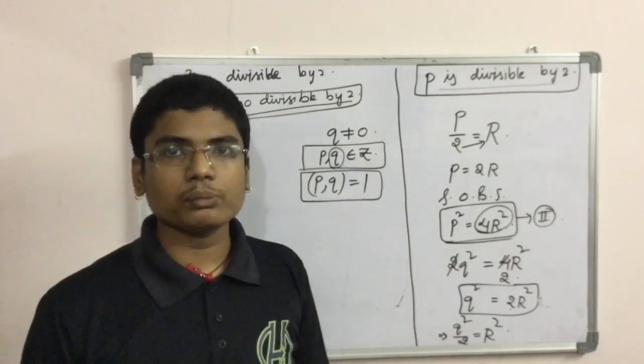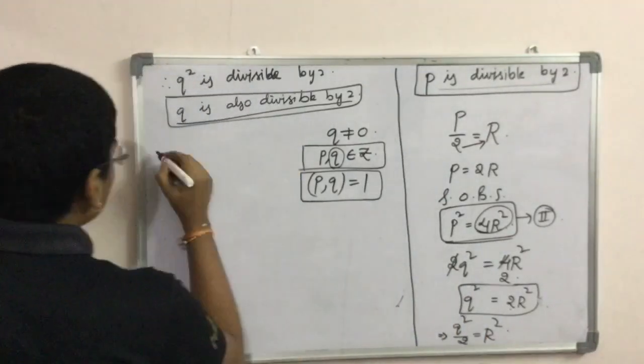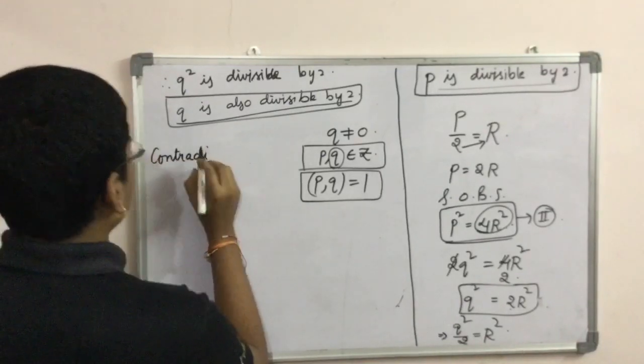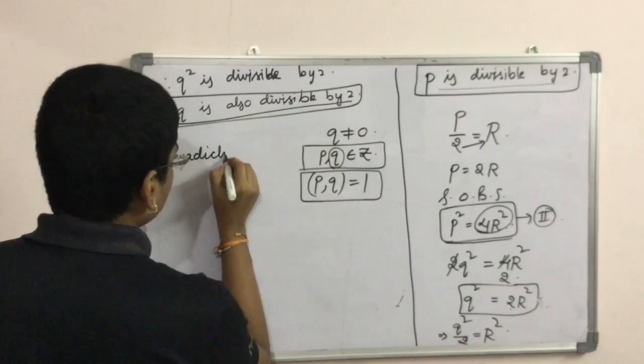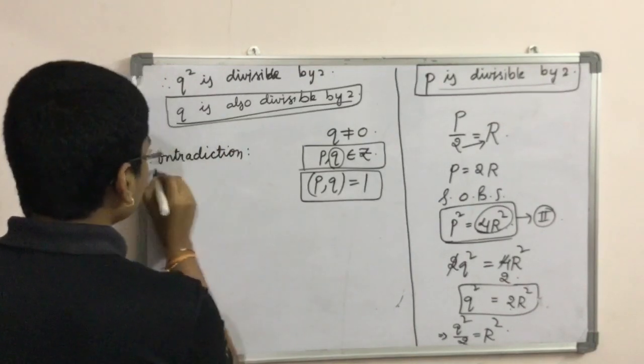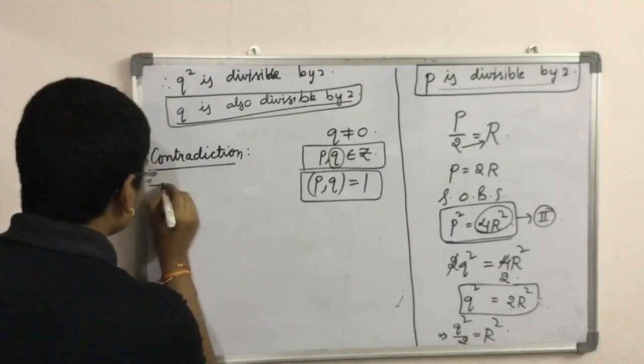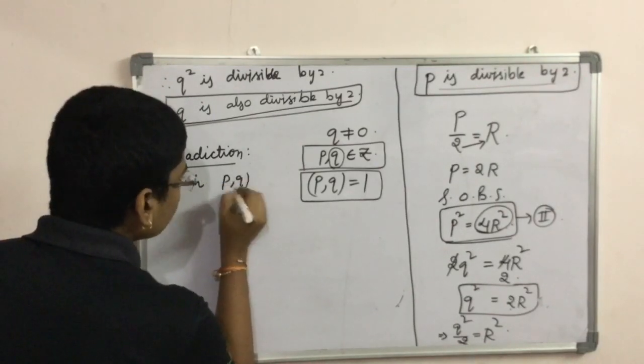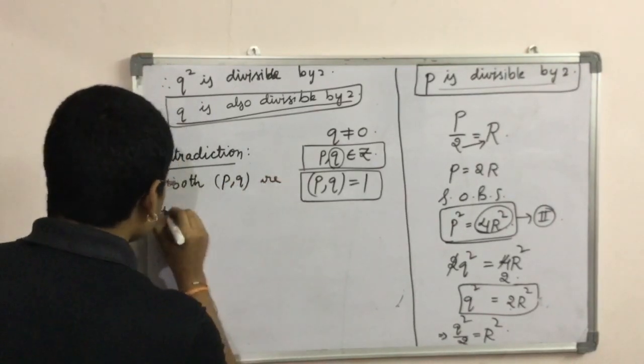So we'll write the statements for contradiction. We'll put a side heading of contradiction and here we'll say that both p and q are not co-primes.